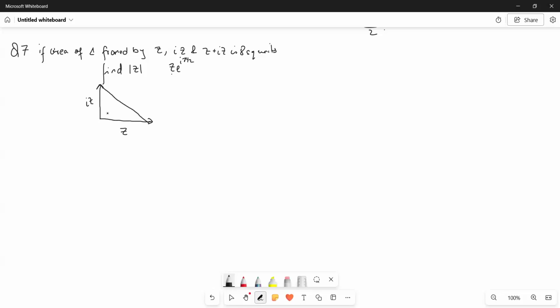So what we have basically is a right angle triangle, जिसका एक side is Z, एक side is IZ, and the third side is Z plus IZ, resultant. Does everyone follow this?